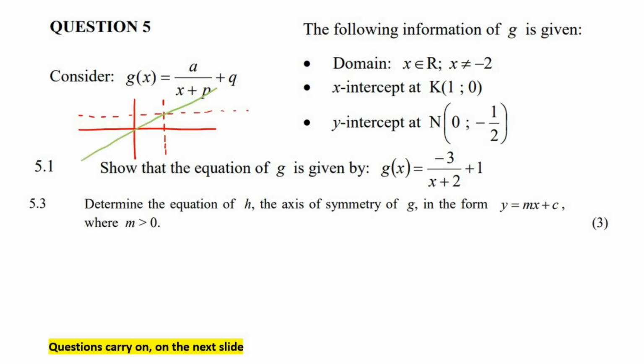Remember that this one over here has a positive gradient, and that gradient will always be positive 1. So we can just say y equals 1x plus c. And this one always has the negative gradient, always negative 1. So that's y equals negative 1x plus c.